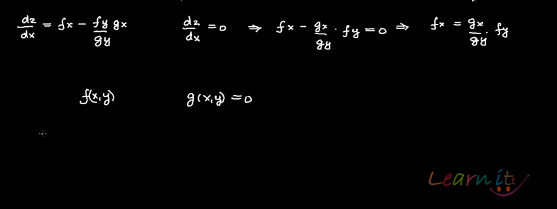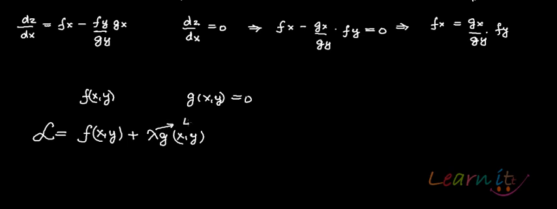So you can form the Lagrange function as script L, which is your objective function subject to this constraint g(x,y), where this lambda is the Lagrange multiplier.